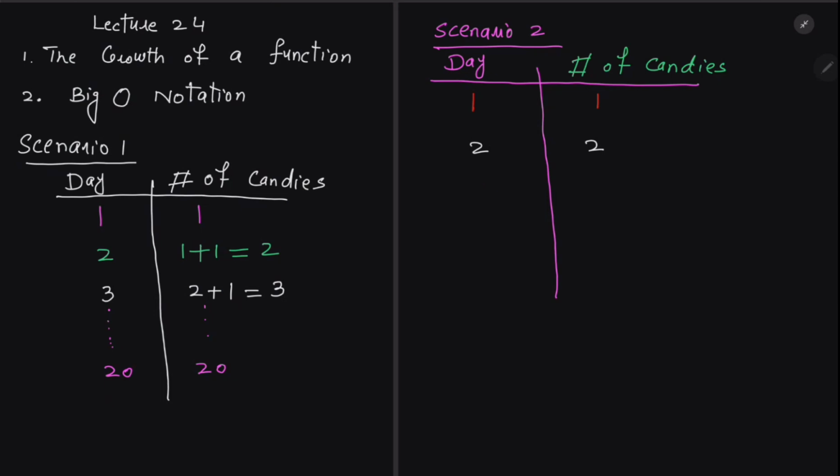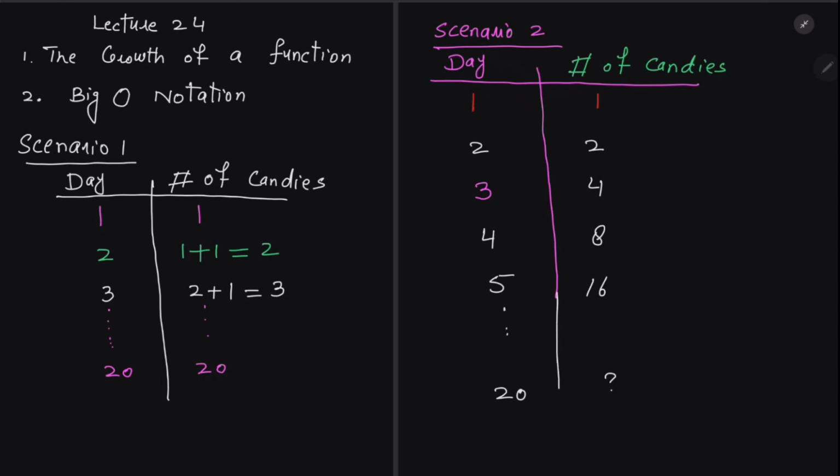Similarly, on day 3, you get double of that 2, so you get 4. Day 4, you get 8. For day 5, you get 16, and so on. You can continue with that, and at day 20, how many candies do you have?